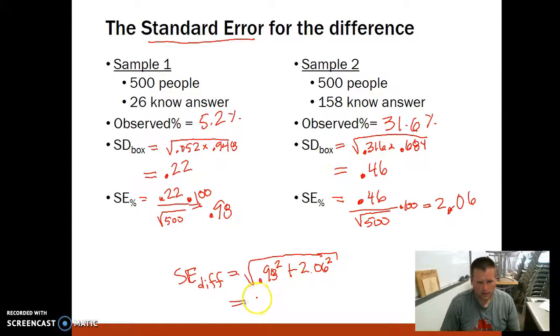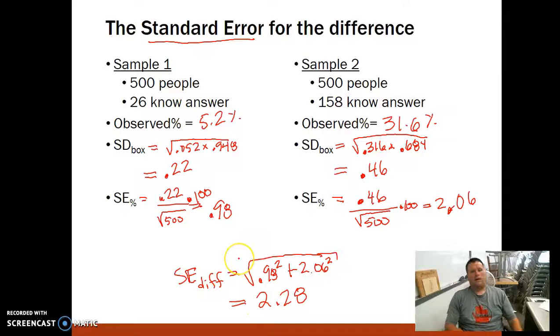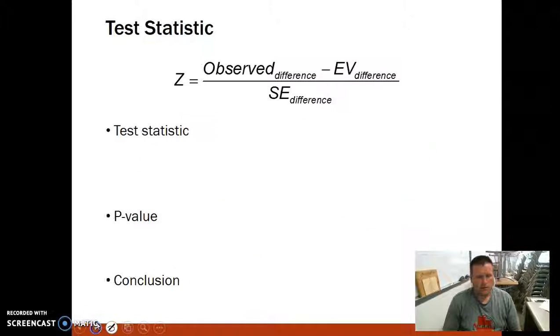And when you do that, you get 2.28. So that's our standard error difference. Now, this is just a longer process. You feel like you should be done at this point, but remember, we're still trying to find our test statistic.